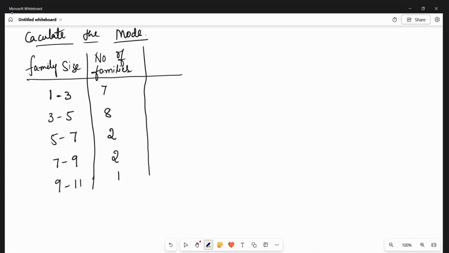Then 3 to 5, the number of families is 8. 5 to 7, 2. 7 to 9, 2. 9 to 11, 1. This is the frequency. The highest frequency is 8, so this is the modal class.